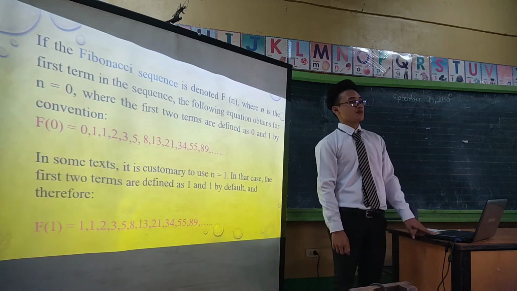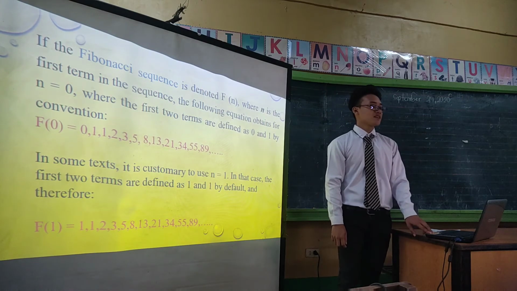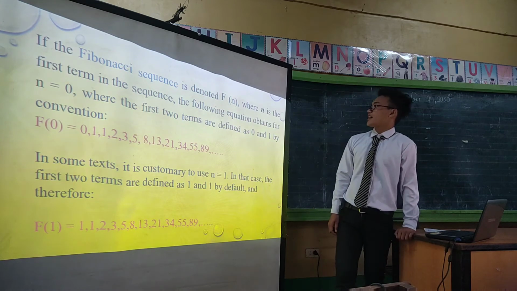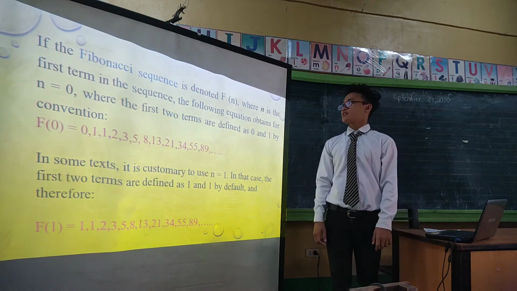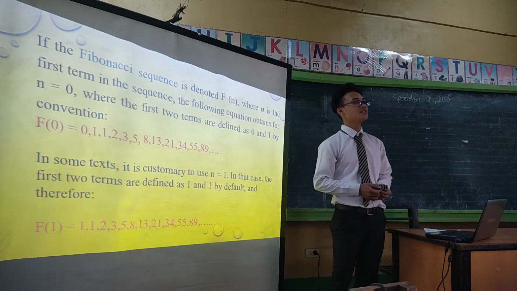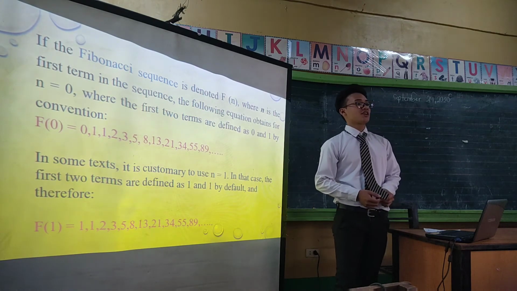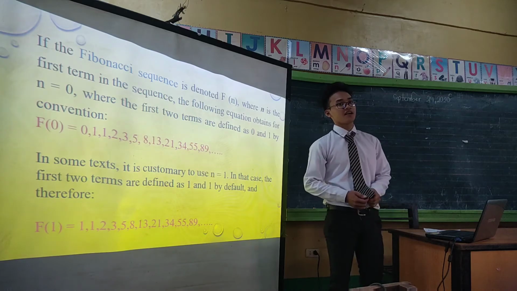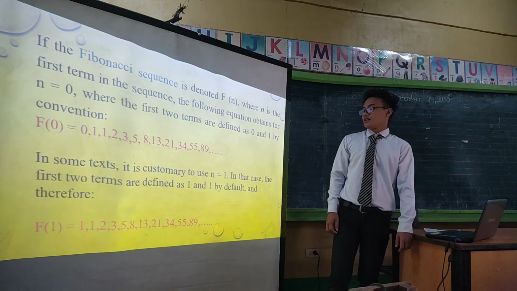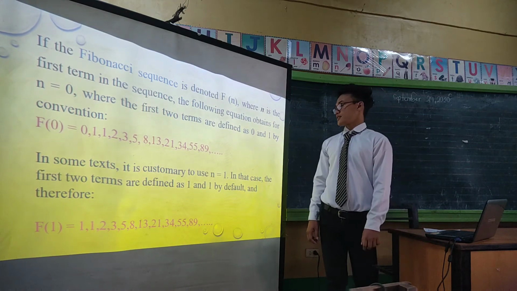If the Fibonacci sequence is denoted Fn, where n is the first term in the sequence, the following equations are obtained for n equals 0, where the first two terms are defined as 0 and 1 by convention. In some texts, it is customary to use n equals 1.